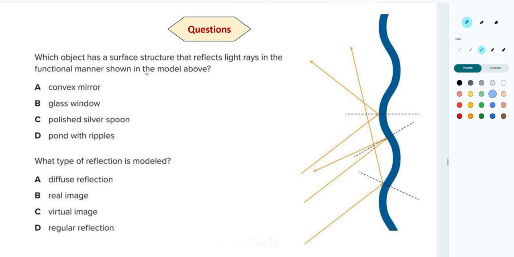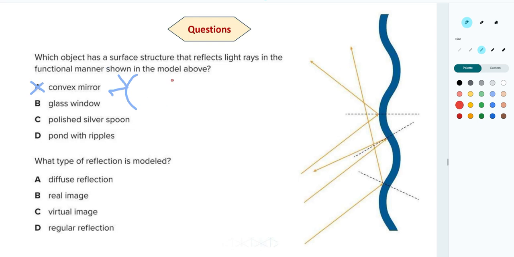So, which object has a surface that reflects light rays in the fashion shown in the model above? We know a convex mirror is going to be a mirror that faces this way. So it's not going to be our convex mirror, because this doesn't look like a convex mirror.